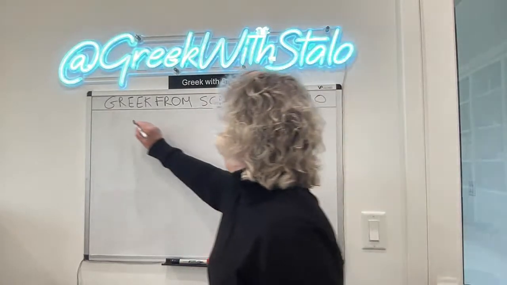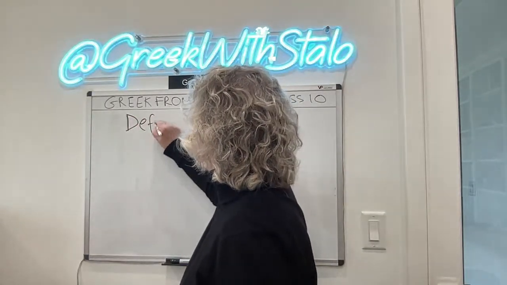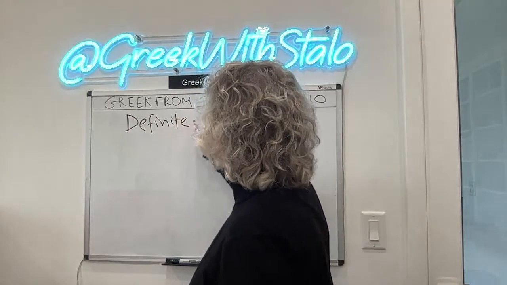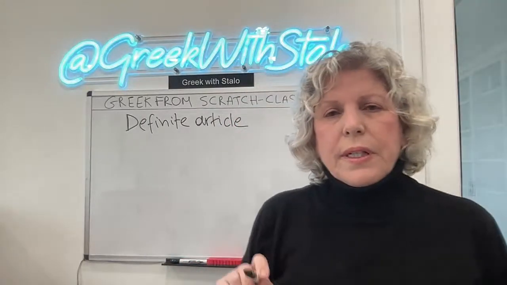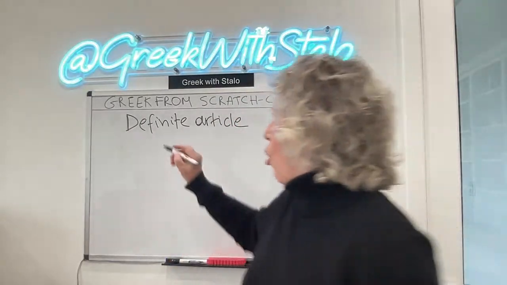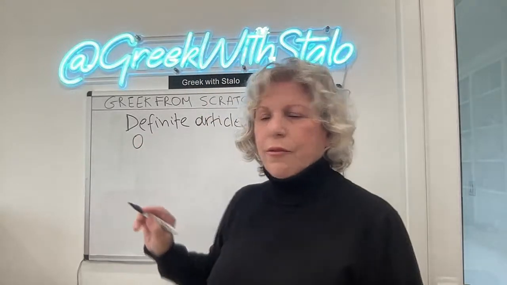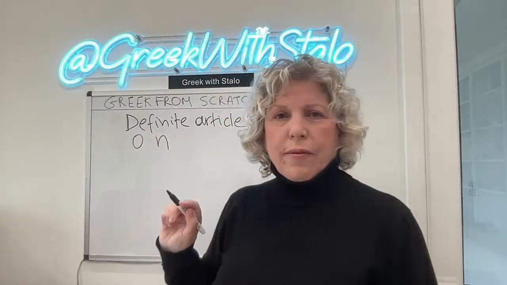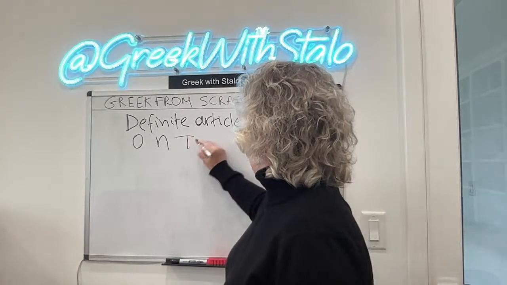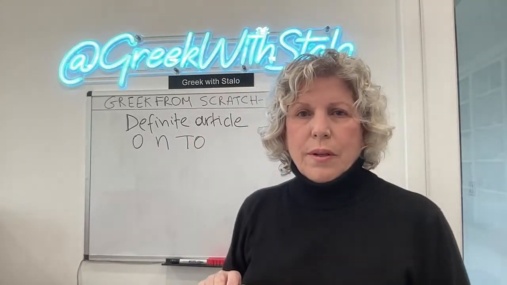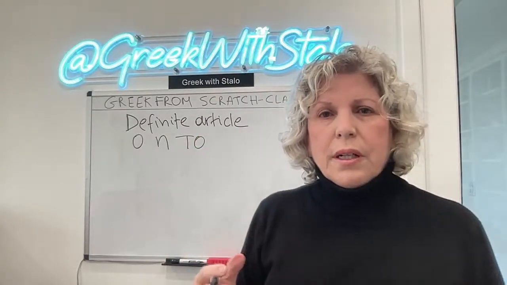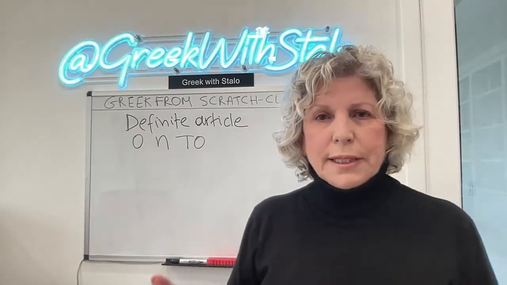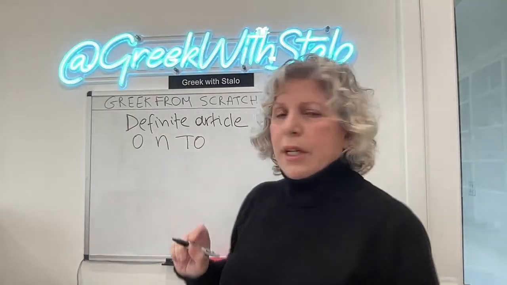Okay, next we move to the definite articles. The definite article in Greek is o, the masculine form, e, the feminine form, and to, the neuter form. We use the definite articles when we refer to someone or something specific. So let's look at some examples.